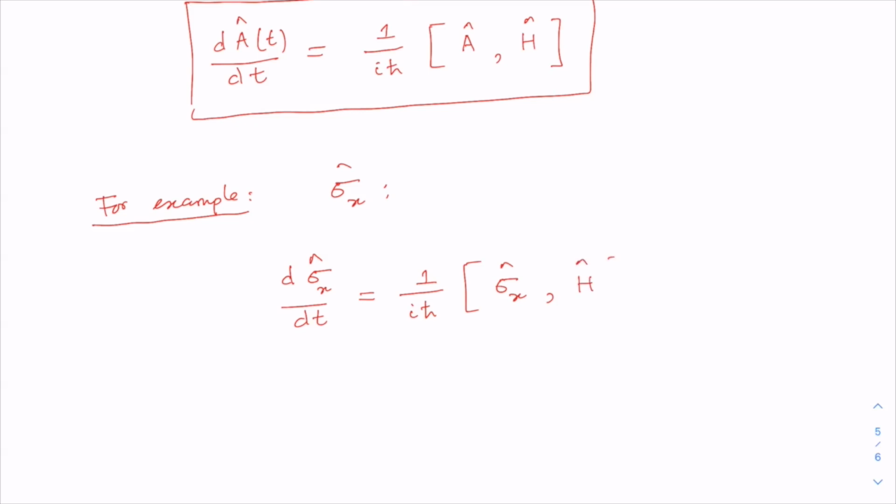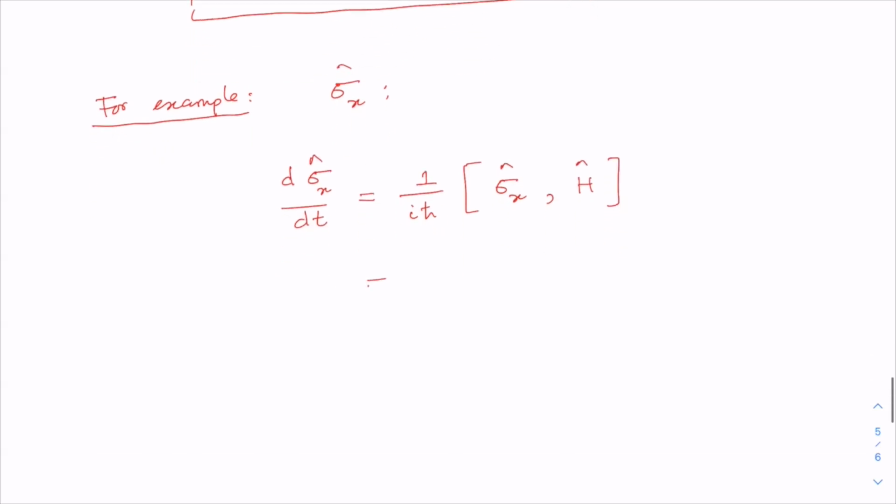Now here this Hamiltonian, we know for the two-level system, is equal to epsilon dot sigma; let me open it up: epsilon x sigma x plus epsilon y sigma y plus epsilon z sigma z.